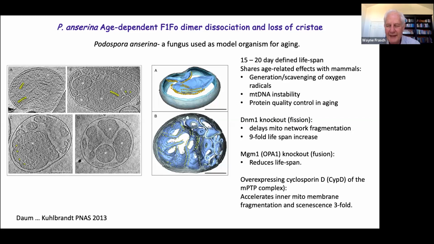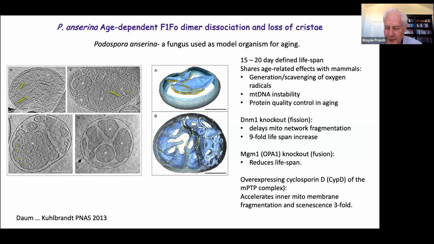And it shares a lot of age-related effects with mammals: reactive oxygen radical generation, scavenging of oxygen radicals, mitochondrial DNA instability, protein quality control, and aging. And if you knock out the DNM1, that'll delay the mito network fragmentation, and it'll increase the lifespan of this fungus by 9-fold. And the OPA1 knockout, or at least the analogous protein in this fungus, will actually reduce the lifespan.